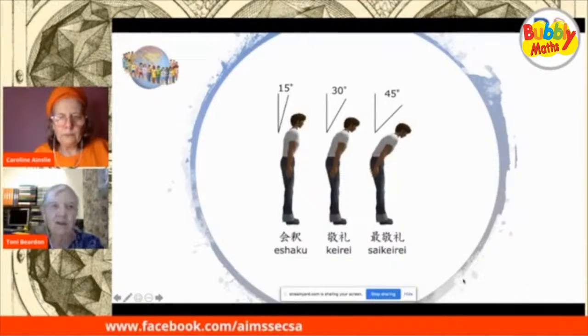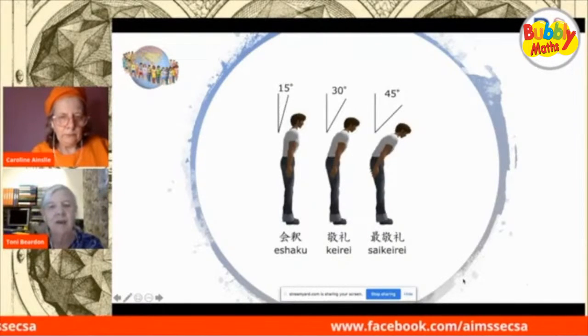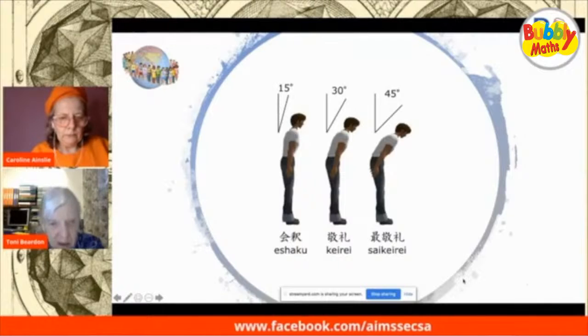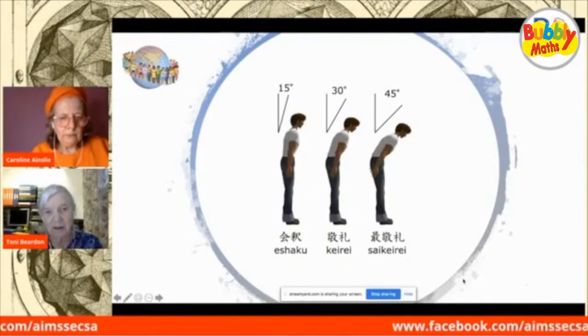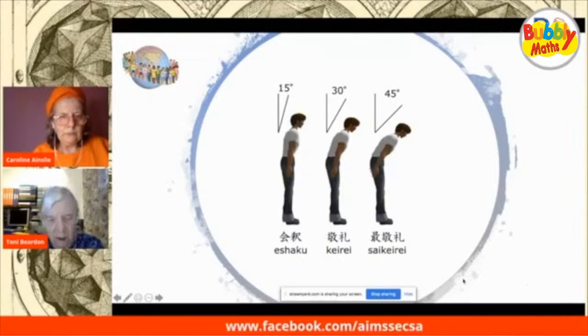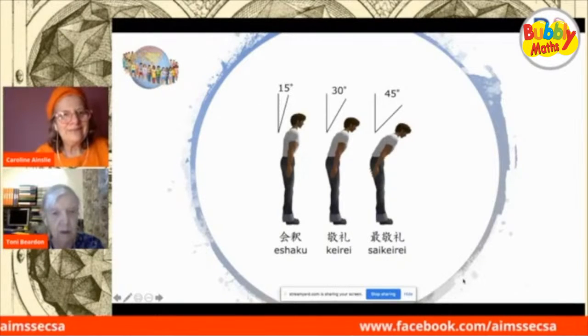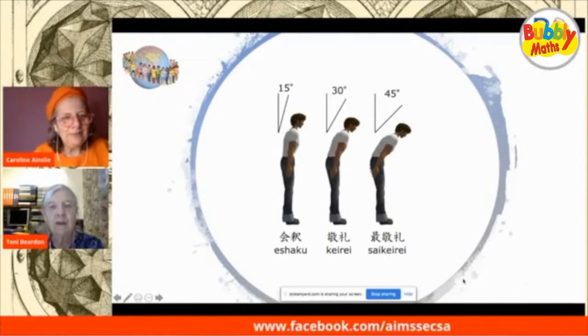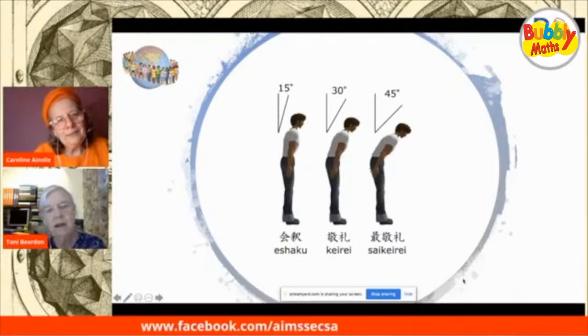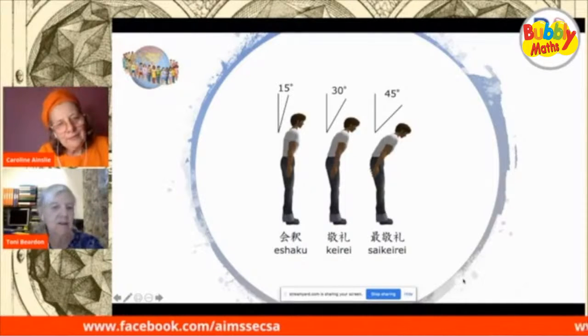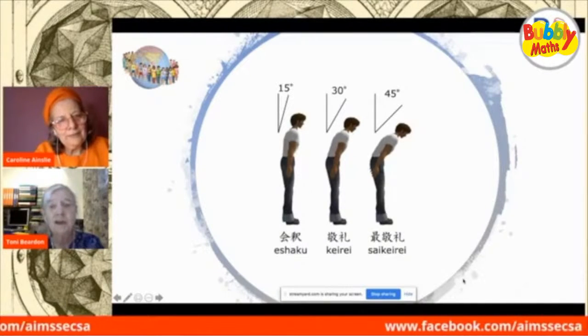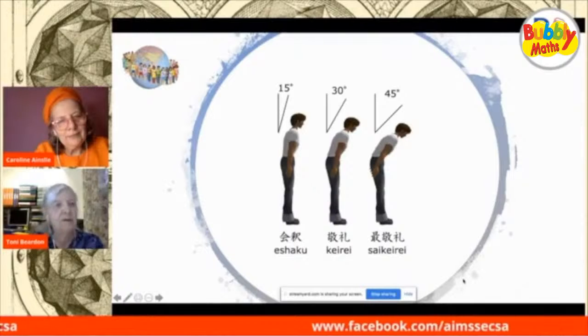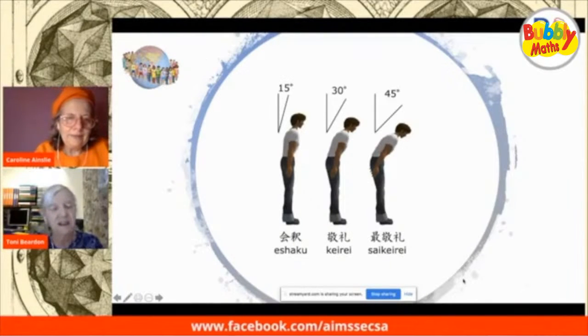Handshakes are not a good thing while we've got this pandemic. So we thought the Japanese style bow was a good idea. And I discovered that depending on the angle that you bow, it's a one-to-one greeting. And Japanese people usually know the age of others that they are going to meet, because the older the person that they are greeting, the lower they should bow.